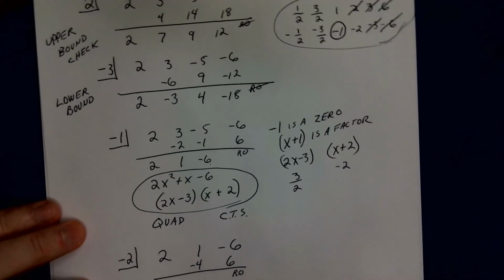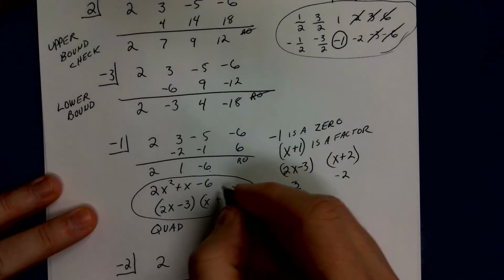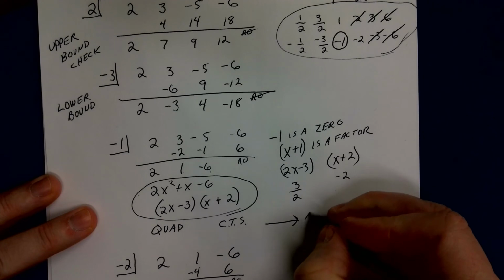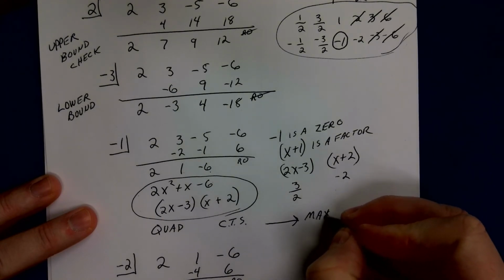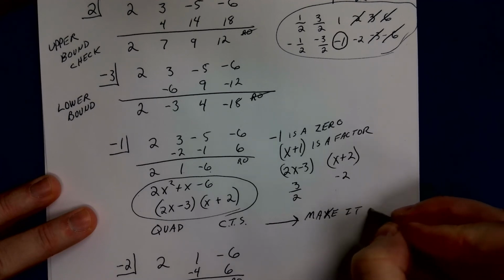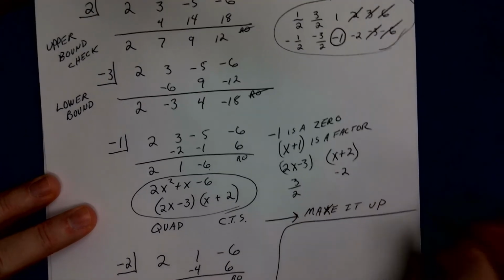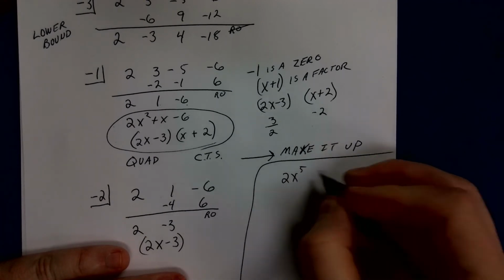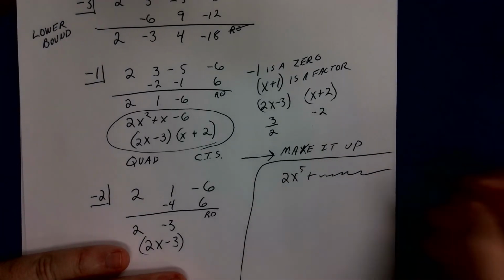Do also know that if when you get to here again and you get a quadratic, let's just pretend, so we're going to make this up. Let's say that I had a problem in the very beginning. It was like a 2x to the 5th plus blah, blah, blah, and a whole bunch of stuff.